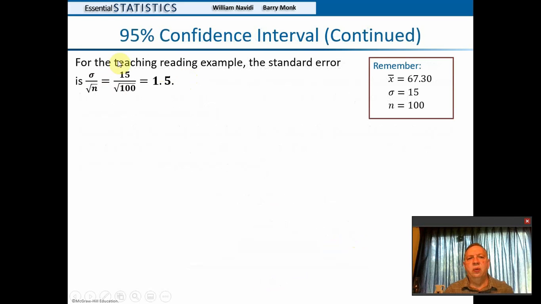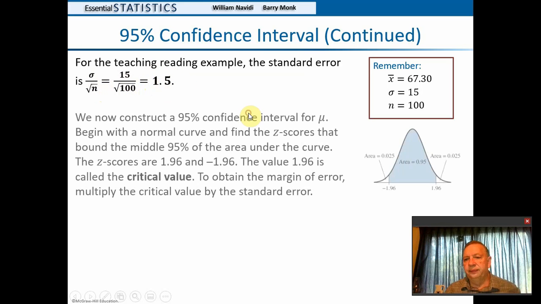So here is what it was for our reading example. The standard error is our standard deviation, the 15, divided by the square root of n, which is 100, that's going to be 10. 15 divided by 10 is 1.5. So this is the standard error. We now construct a 95% confidence interval for mu.